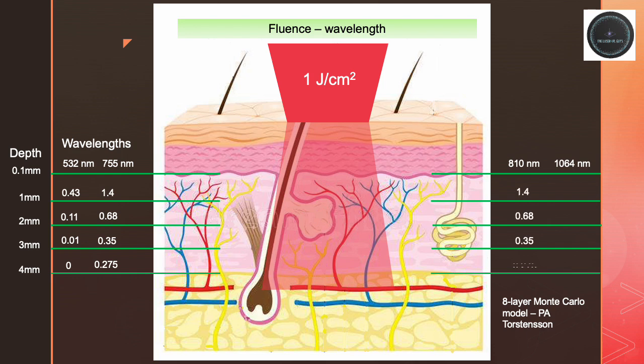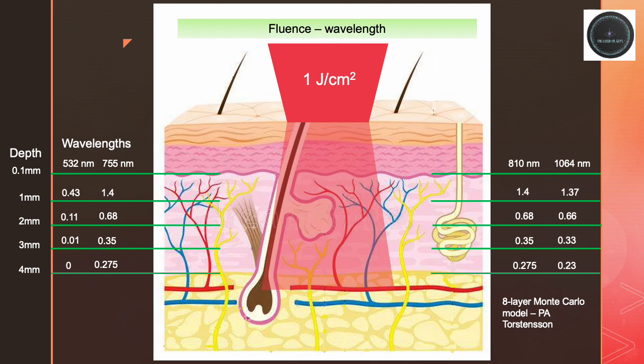Now we find that the 810 nanometer beam is almost identical to the 755 beam, and that's not surprising given it's only 55 nanometers difference. 55 nanometers is not an awful lot of difference, to be honest. So the values of the fluence at different depths is almost identical. And then when we get to 1064 nanometers, we find that it's slightly less than both the 755 and 810 nanometer beams.